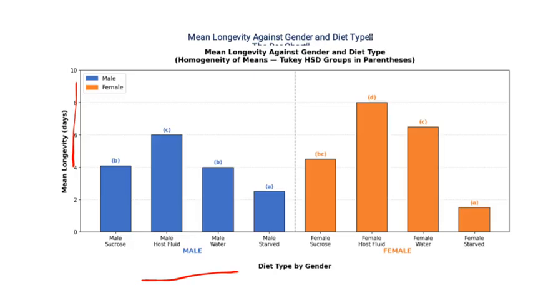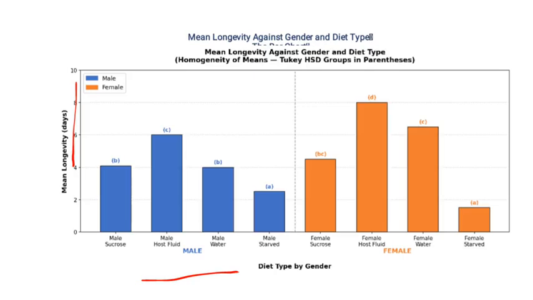One other thing in this chart is that you have letters written on the bars, and those letters are what we call the homogeneity of mean. Bars that have the same letters have no significant difference, whereas those that have different letters have significant difference.